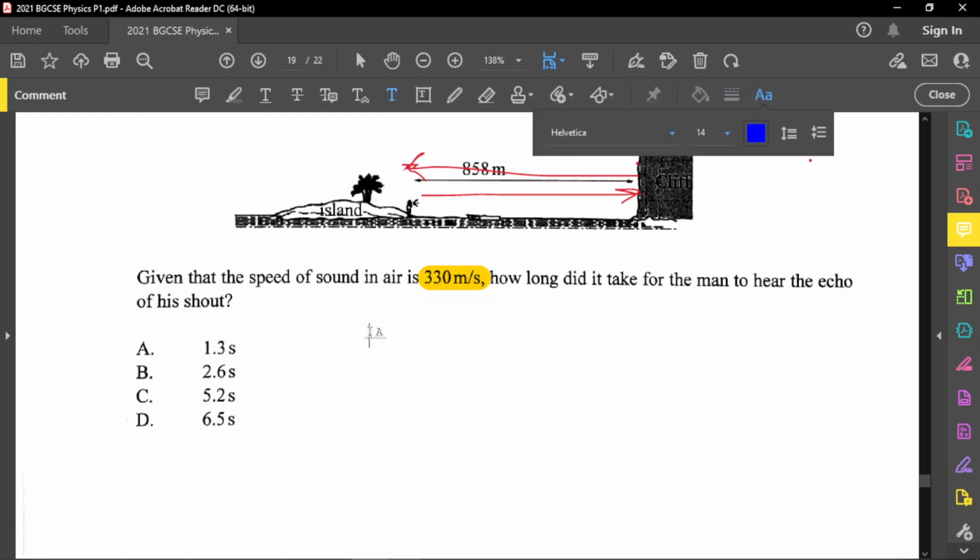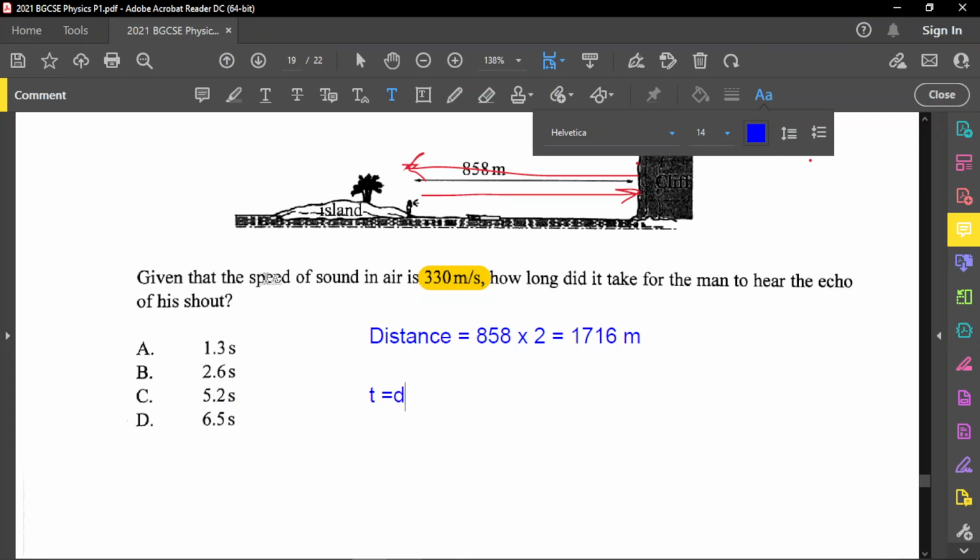So the distance actually traveled by the sound is equal to 858 multiplied by 2, or 858 plus 858, whichever one you want to do is the same thing. You get 1,716 meters, right? That is in meters, cool. And so what we're going to do is to find time. Based on the formula, time is equal to distance over velocity.